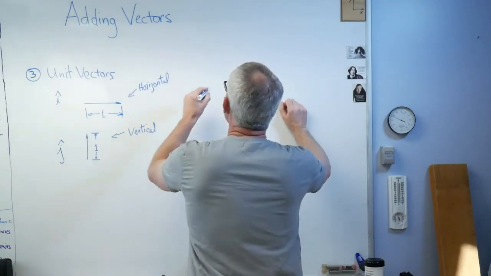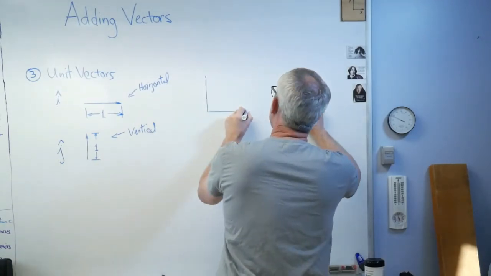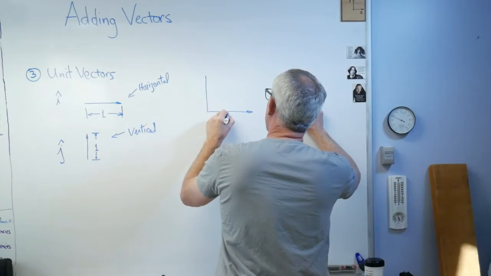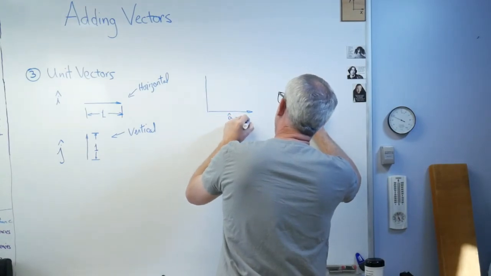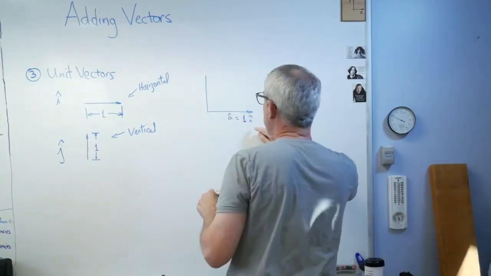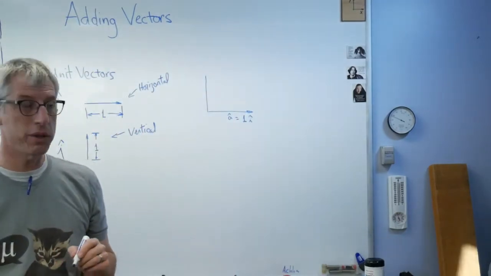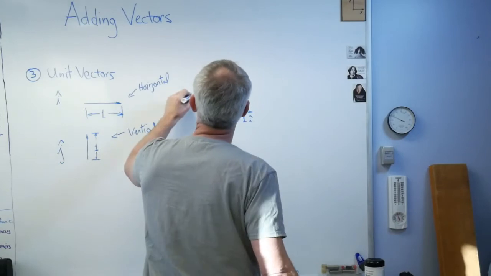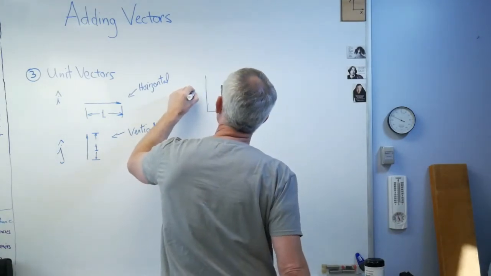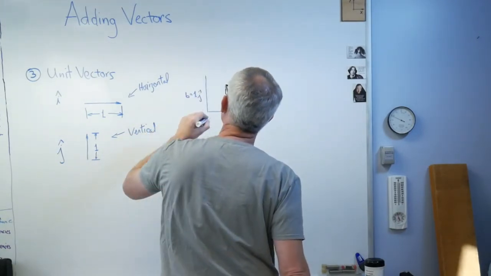So this right here, what I had before, that would be 1I, where I, again, is the unit vector. It is not the square root of minus 1 here, right? B is 1J.